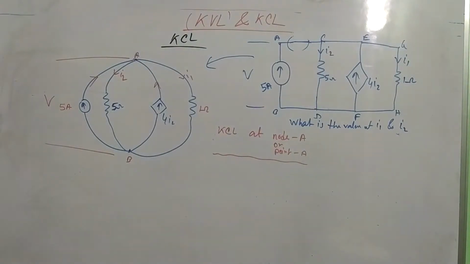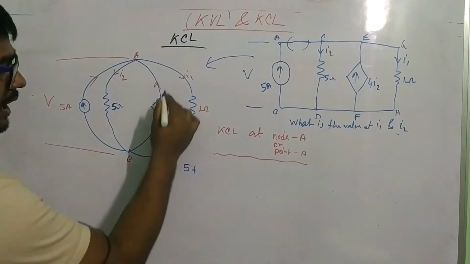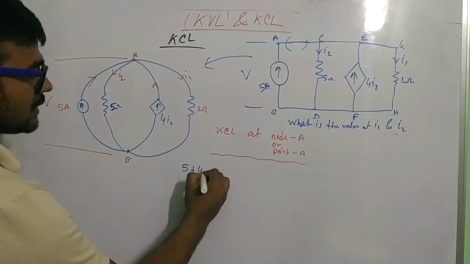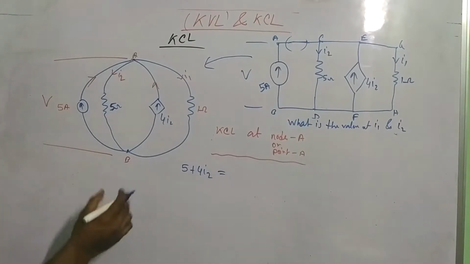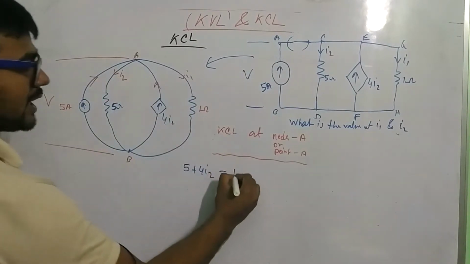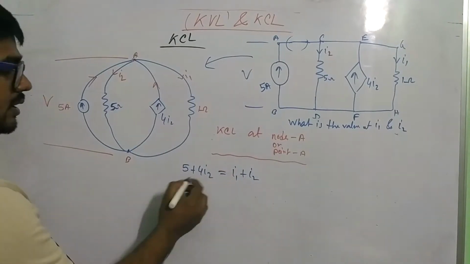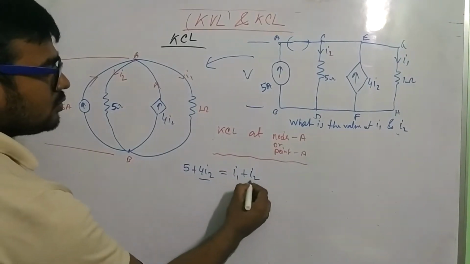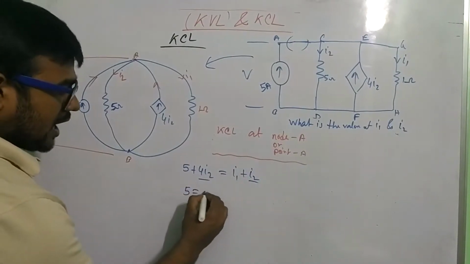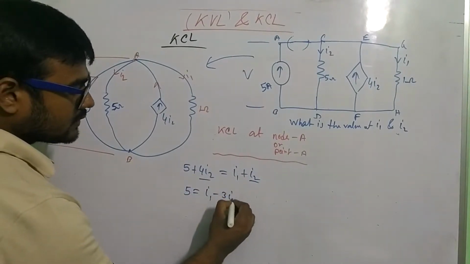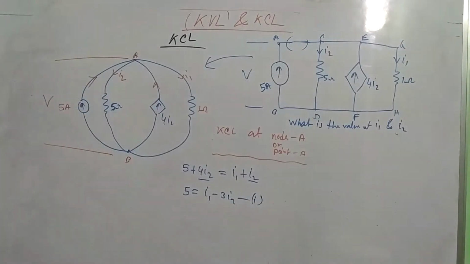Now the incoming current, 5 plus 4I2, equals the outgoing current, I1 plus I2. So 4I2 moved over, that means 5 equals I1 minus 3I2. This is equation number 1.